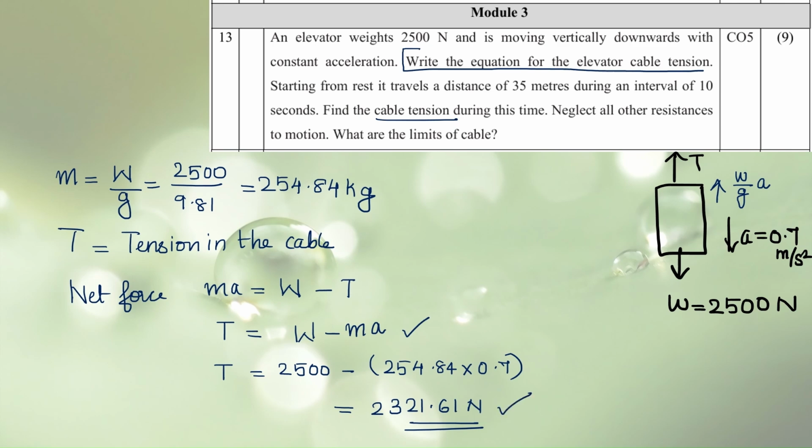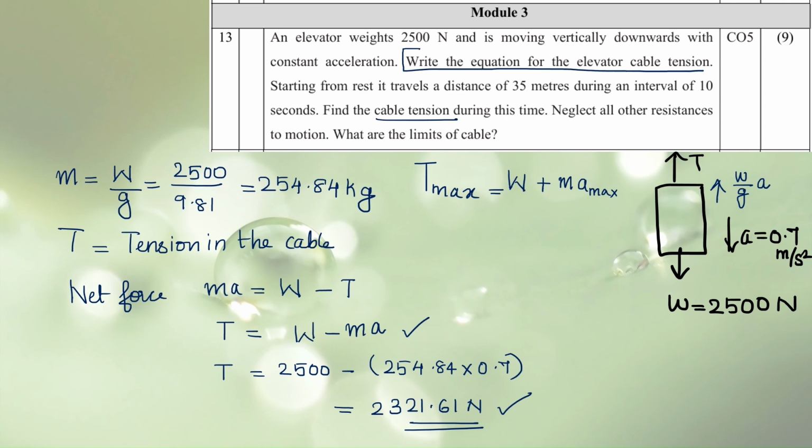Next, they have given one more question. Neglect all other resistance to motion. What are the limits of cable tension? Limits means we need to find the maximum tension that is coming and the minimum tension, or if the tension is 0. So my maximum tension, T max, will be W plus mass into maximum acceleration.